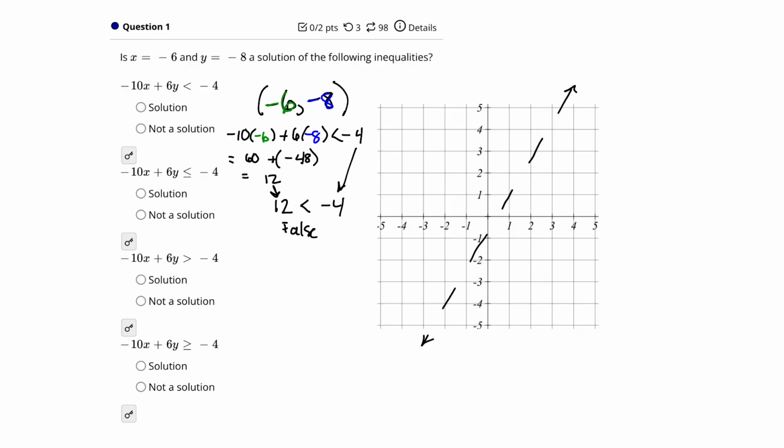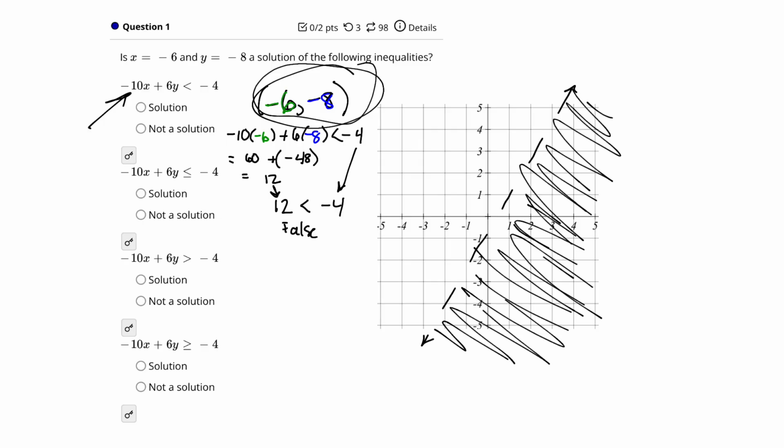But what it's saying is that this point doesn't fall in the shaded section of this inequality. I haven't shaded it because each one of these is different shading. This particular one up here would be like this, and I will get into how to do that on another problem.